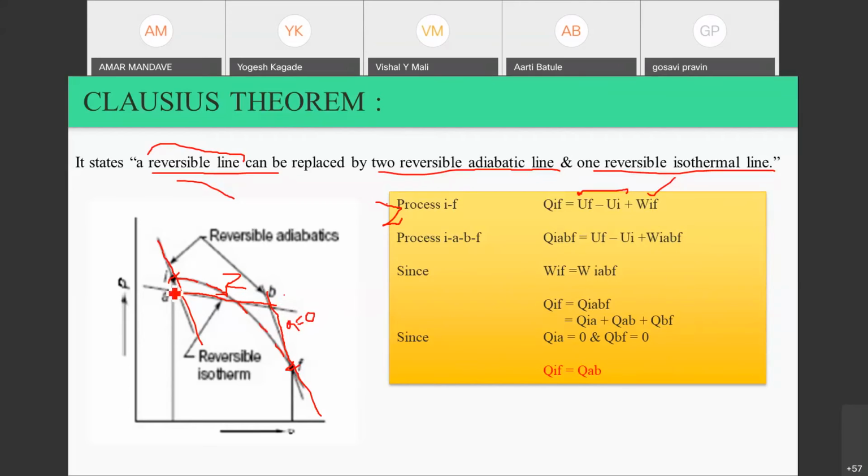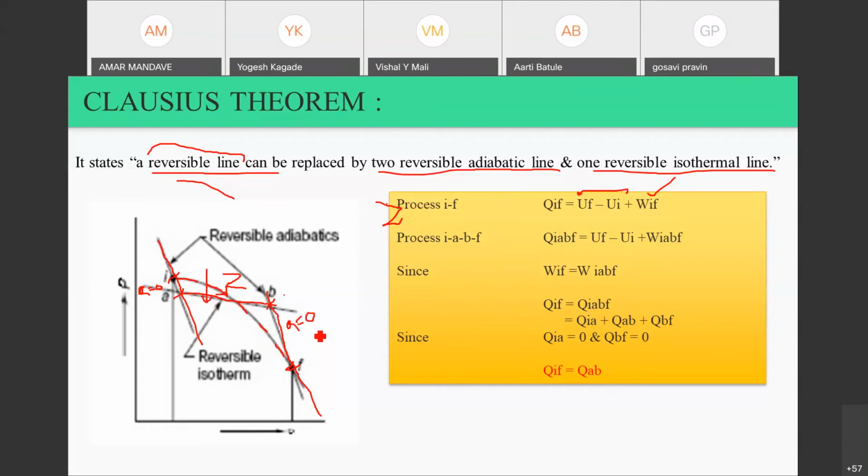The third one is a reversible isothermal line from point A to point B. Whatever heat interaction takes place during the process Z, that much heat is interacted during the process A to B, because the other two processes are adiabatic and so there is no heat exchange during them.